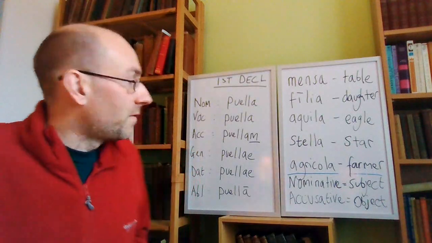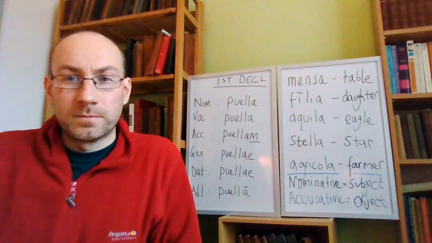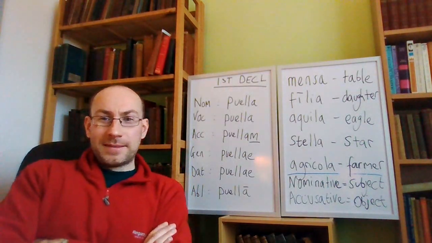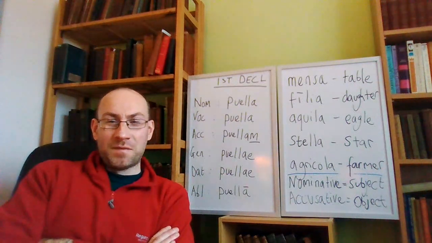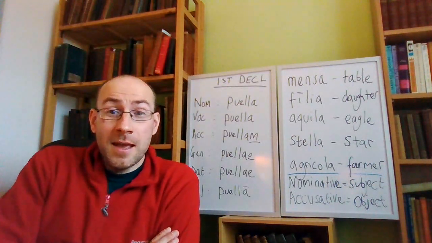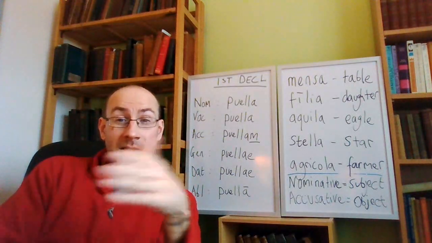And if it's accusative, you need to change the a to the am for any of these words. First one. The farmer is sleeping. What's it going to be? Who's sleeping? The farmer, the subject. There's no one else there. So it's subject, nominative case, agricola.